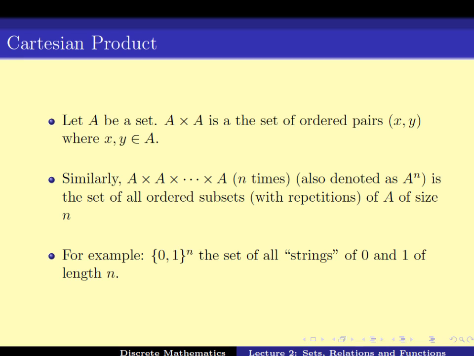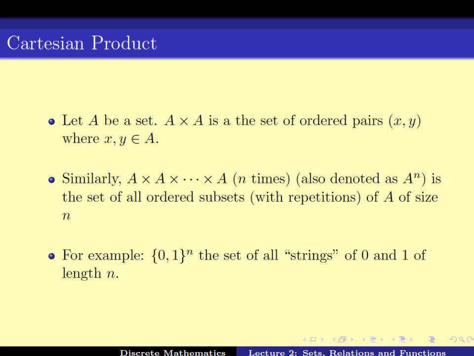For example, if A is the set {0, 1}, then {0, 1} power n is the set of strings of 0 and 1 of length n. So {0, 1} square is the set comprising 0 0, 0 1, 1 0 and 1 1.